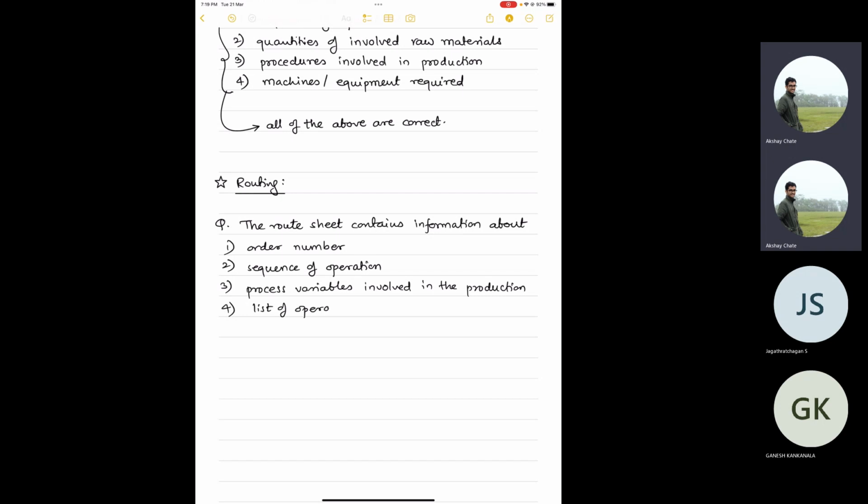So can anybody answer this one? Out of these four options, what do you think? What does the route sheet contain? You can just take a guess also. There is no compulsion.